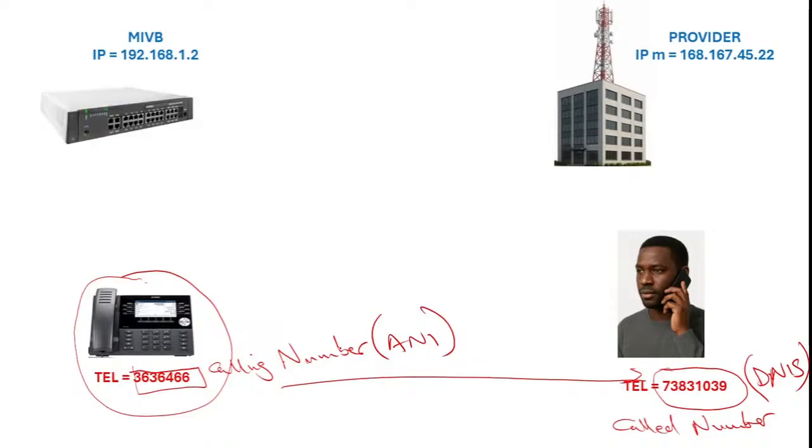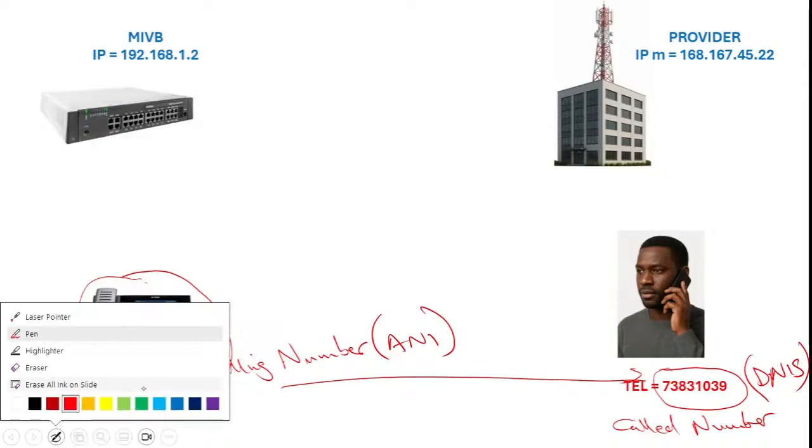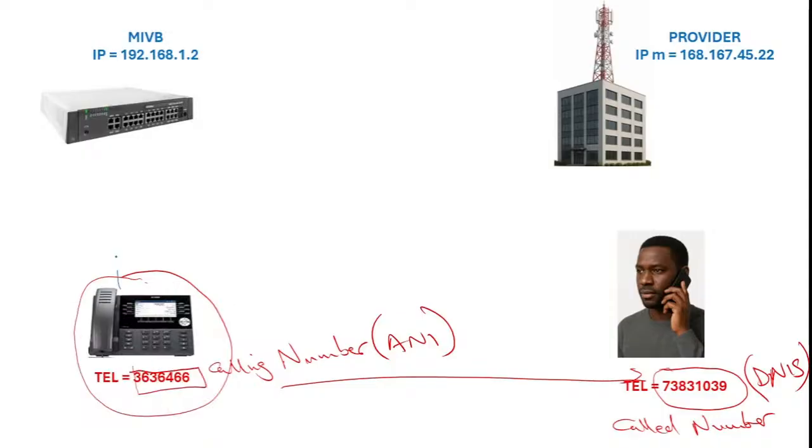So what's going to happen is that this user is going to pick up the phone and initiate a call. Let me use this blue color. He's going to tell my voice business that he wants to make a call, and my voice business is going to send an invite to this guy.